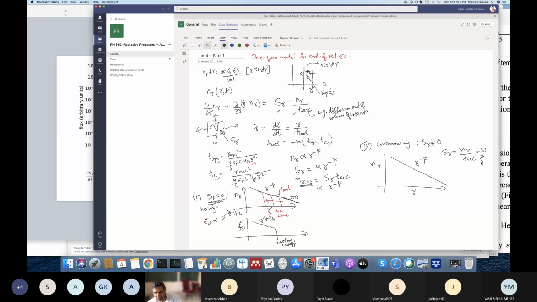So you are considering dou t equal to 0. Now we again consider steady state, but gamma dot is not equal to 0. Basically we allow cooling losses. If you have cooling losses, then this term, dou gamma dot n gamma, scales as n gamma by gamma, and gamma dot goes like gamma squared.